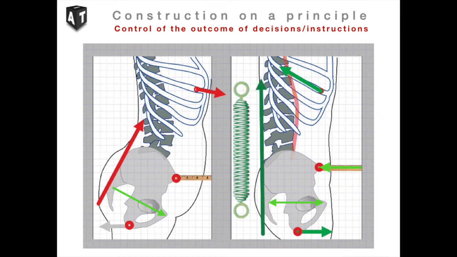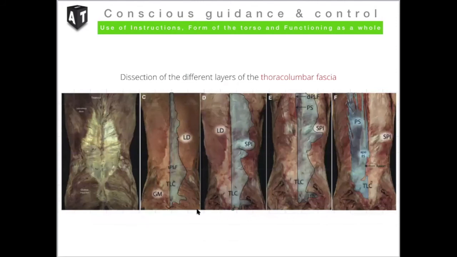stretch the spring. And so there are springs in the back. There is a very complex system. When you look at the back, this is a dissection of the different layers that you would see on the back. And the first thing you see is this very nice shape. This is the outer layer of the thoracolumbar fascia.